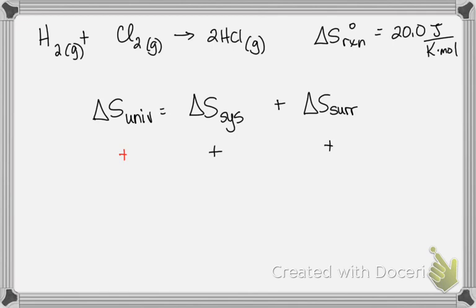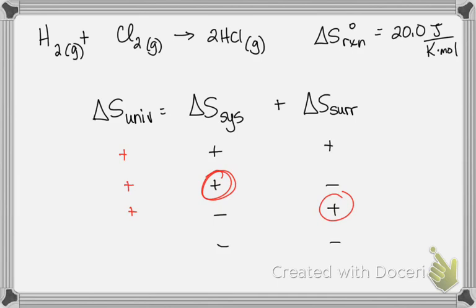There can be a situation where the entropy of the system is positive and the surroundings is negative, but for the process to be spontaneous, the system has to be the bigger number. You can have a situation where the system entropy is negative and the surroundings is positive. Again, the surroundings would be the larger number, resulting in an overall spontaneous process. But you can never have both of these being negative. That's what the second law says.